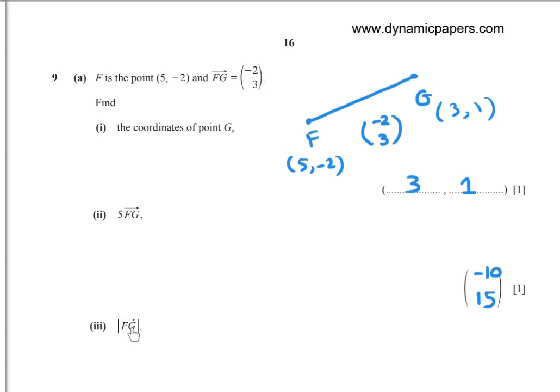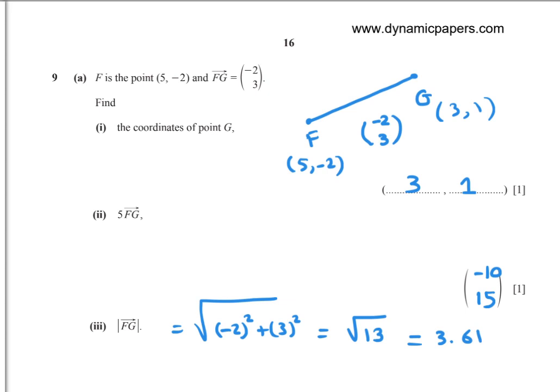Magnitude of the vector is the square root of x squared plus y squared. So negative 2 in brackets squared plus 3 squared. So 4 plus 9, so root 13 equals 3.61 to 3 significant figures.